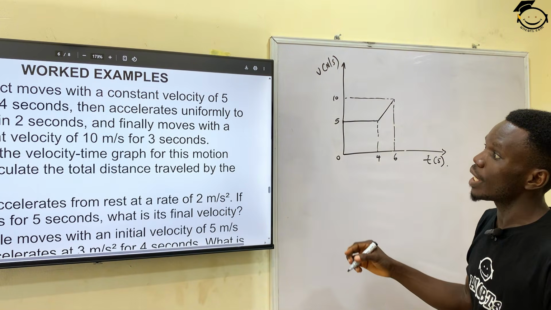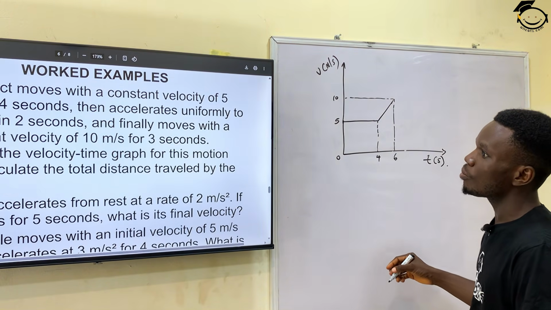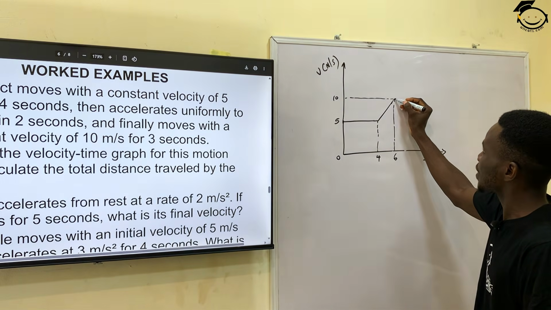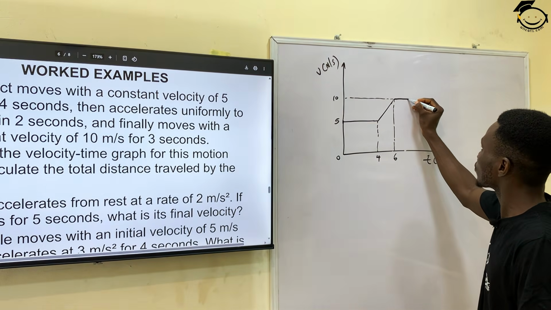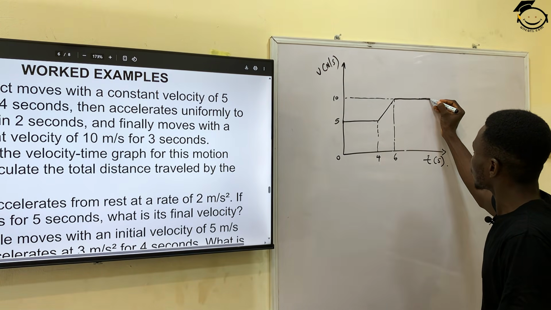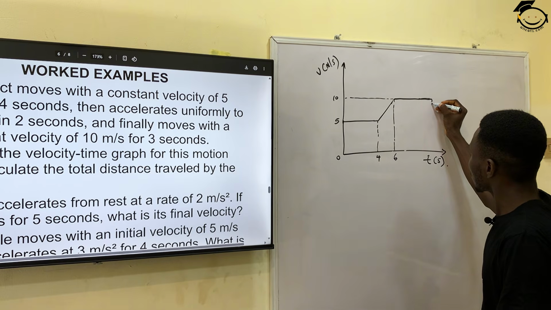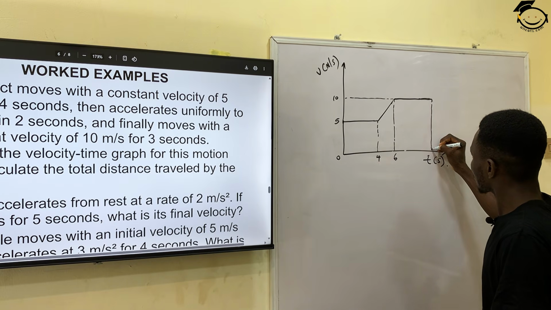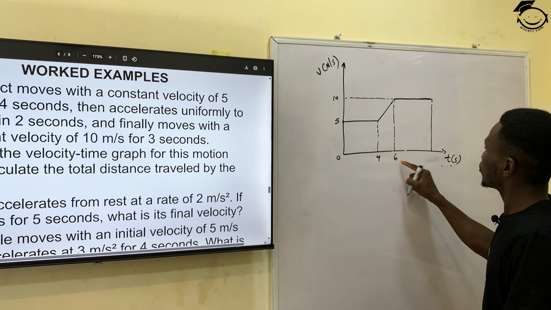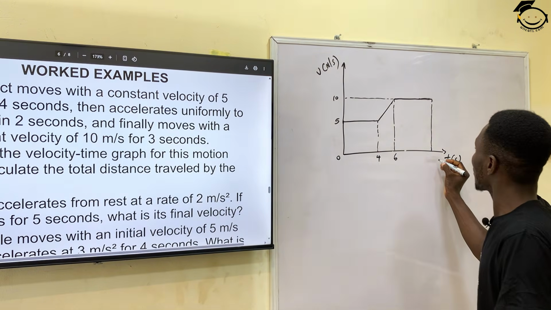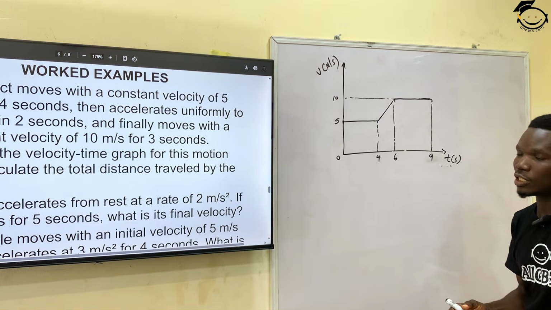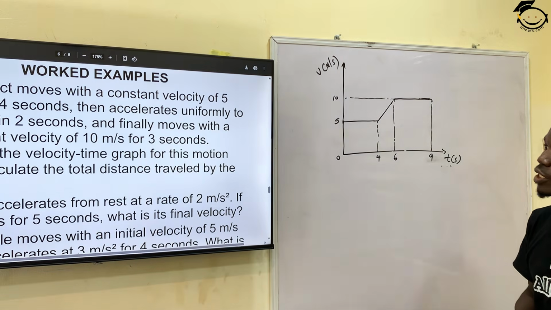Then from there, it moves with a constant velocity of 10 meters per second for another 3 seconds. If I add 3 seconds to my initial 6 seconds, that gives me 9 seconds. So this is my velocity-time graph, a sketch of the graph.